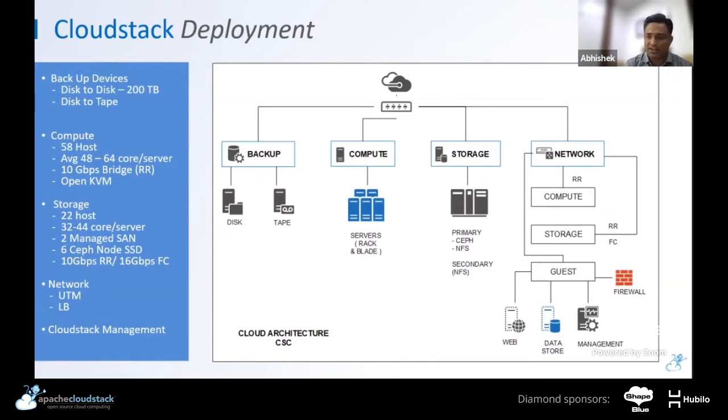I think all of them are HP, and almost 58 host machines are there across the 3 locations. The third site is all physical. So just talking about the 2 where we run CloudStack, DC1 and DC2, we have almost 58 host machines with an average of 48 to 64 cores per server. That is the processor side.